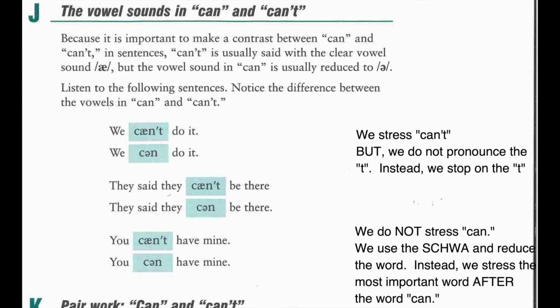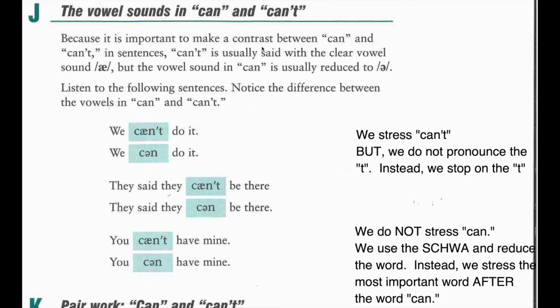In this final part of the video, let's talk about a word that can change sound depending on how we use it. So for example, the words can and then the negative form can't will obviously change because one is positive and one is negative, but you will notice that the sound will also change when we're using the particular idea in context. So let's take a look at the instructions.